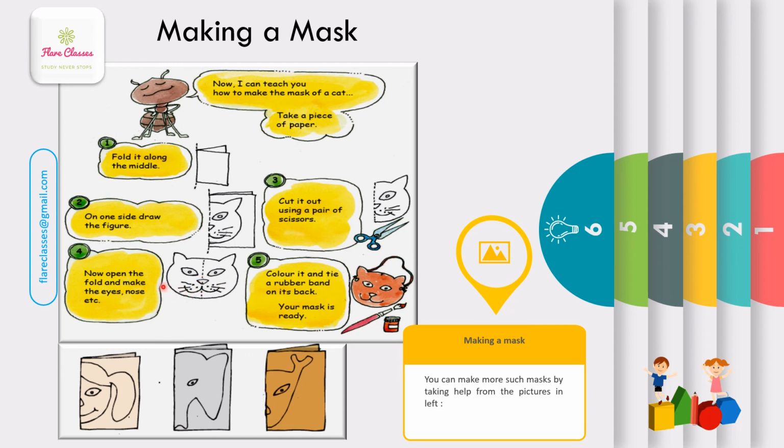Now open the fold and make the eyes, nose and other things. In step 5, color it and tie a rubber band on its back. Your mask is ready. Similarly, you can make the mask of this girl and elephant.